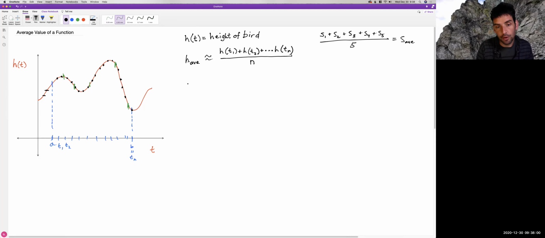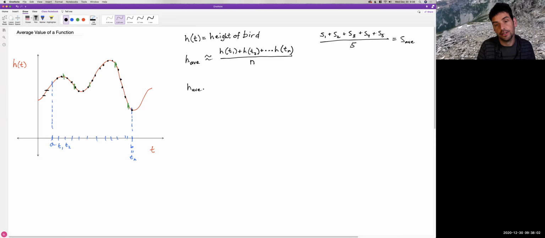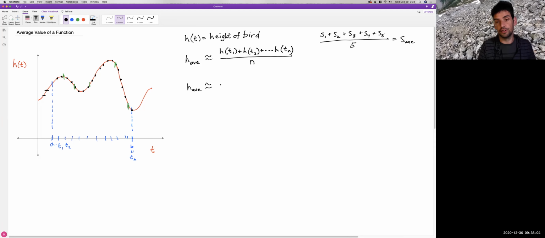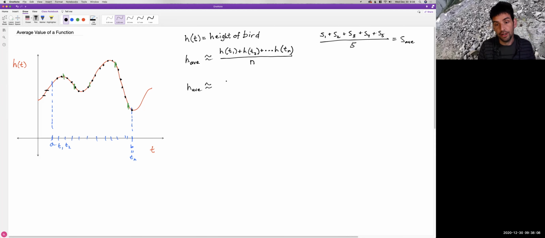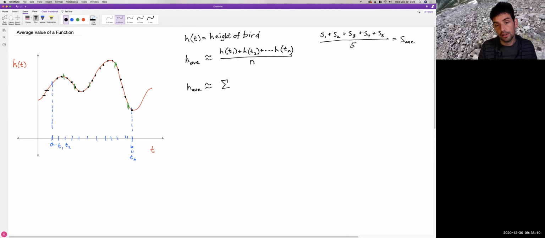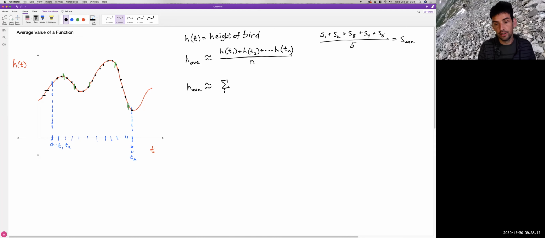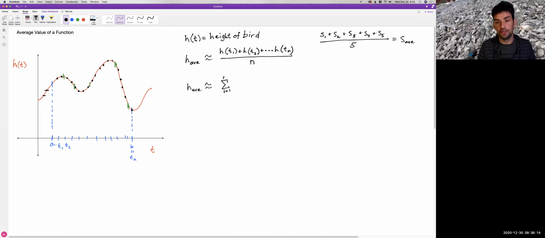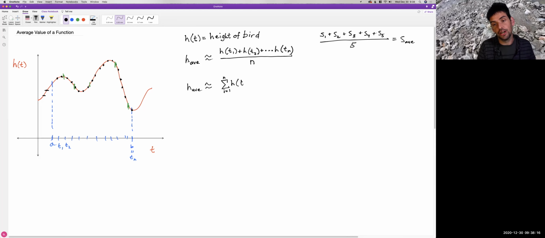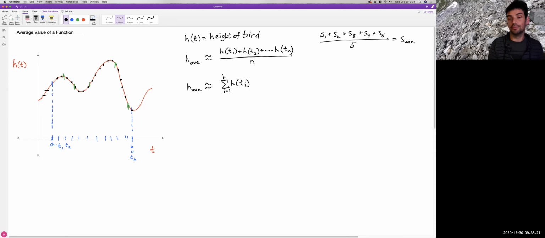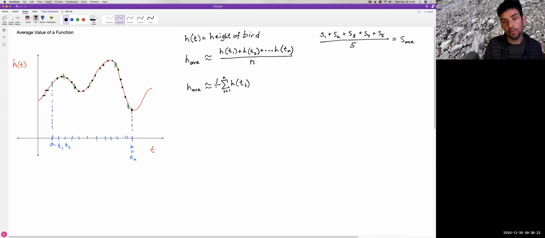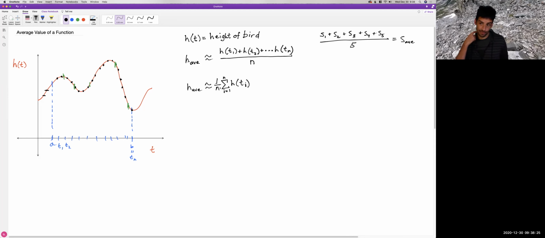First of all, I'm going to rewrite this using our summation notation. So we have first the numerator. I'm just adding up the h of t sub i's, and then dividing this sum by n. I'm just going to multiply by 1 over n out here.